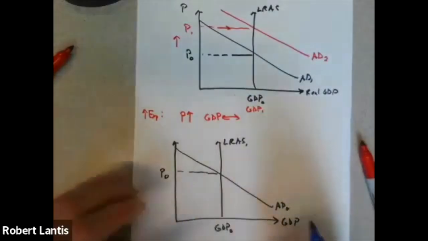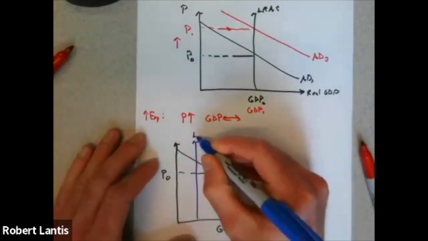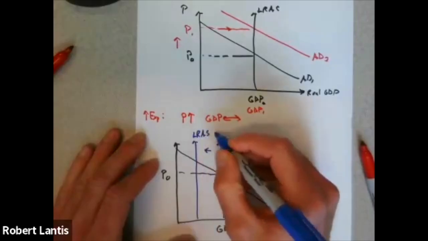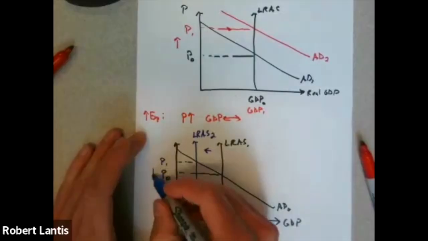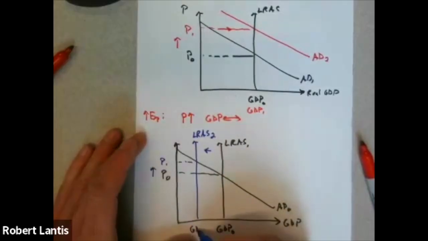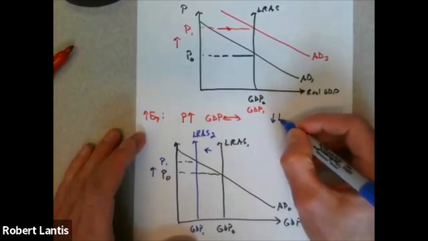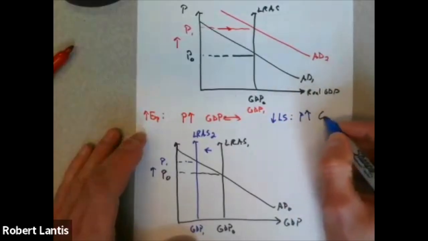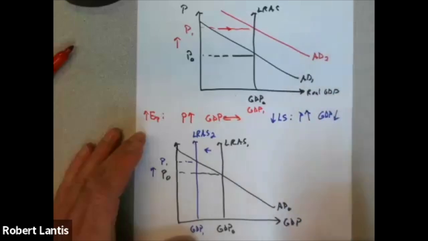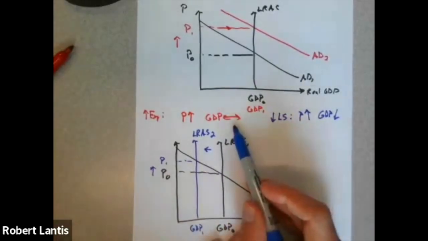A decrease in labor supply, one of the factors of production, is going to shift to the left, decreasing my long run aggregate supply, in which case my new prices will be higher, but my new long run GDP is going to be lower. So this decrease in labor supply caused prices to go up in the long run and GDP to go down.